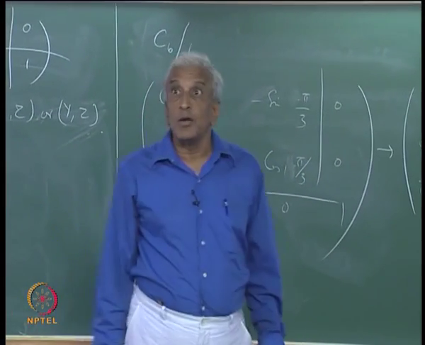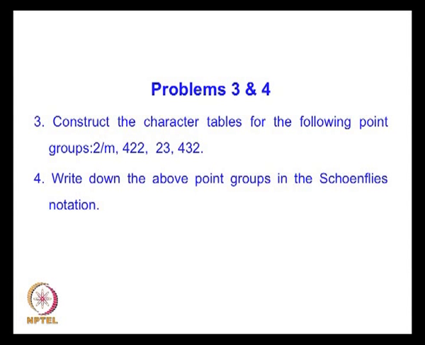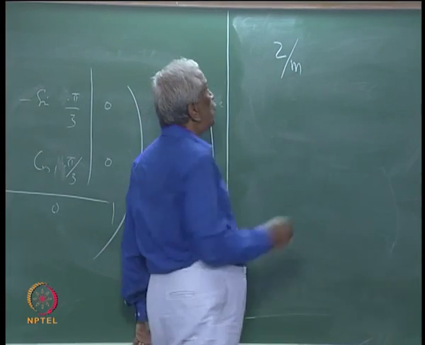We now pass on to problems 3 and 4, which are taken together. We are required to construct the character table for the following point groups. The first point group to be considered is 2 by m, which is a mirror perpendicular to a twofold axis.